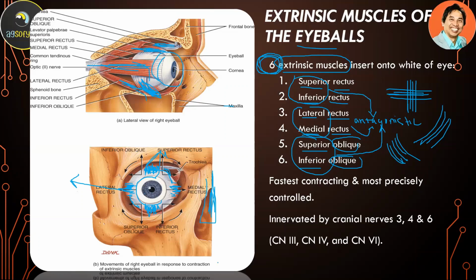And this movement is controlled by our nerves. There are 12 cranial nerves. 3 of them, cranial nerve number 3, number 4, and number 6, are the ones that control the movement of the eyeball.